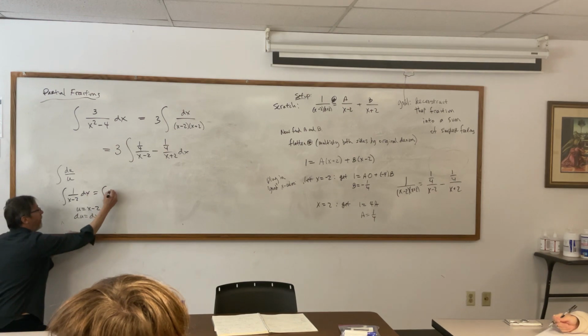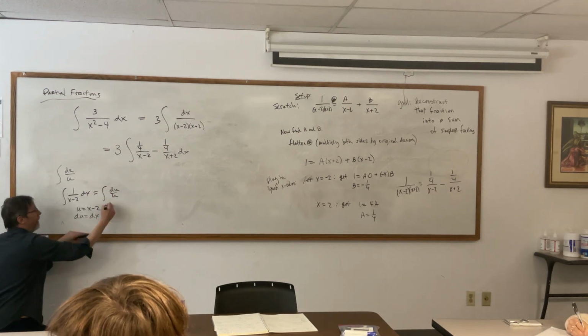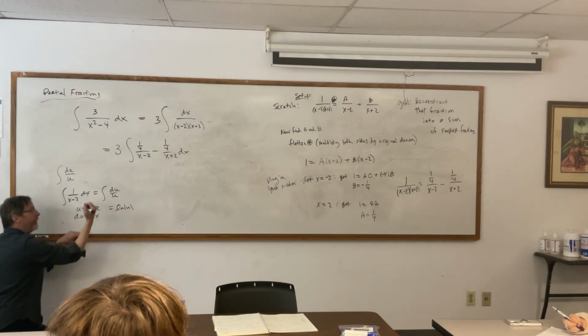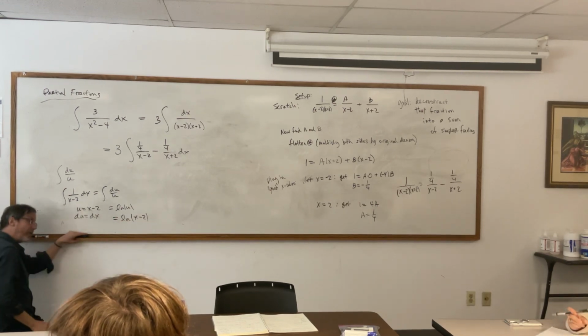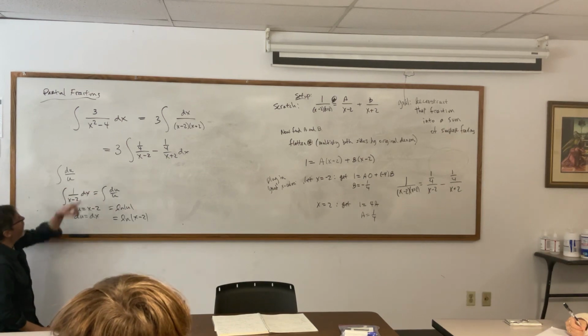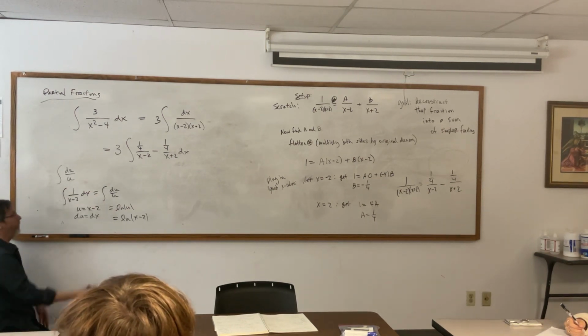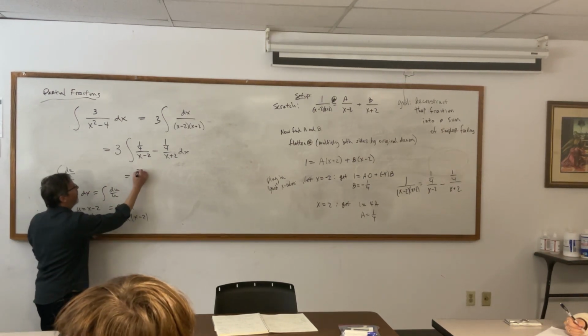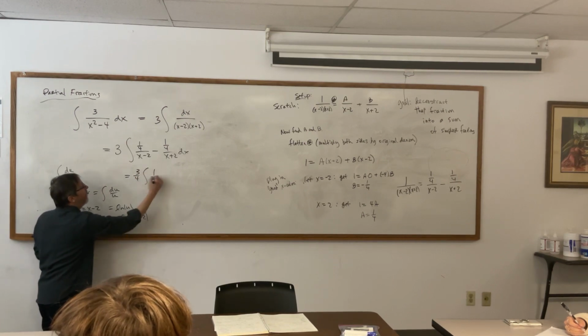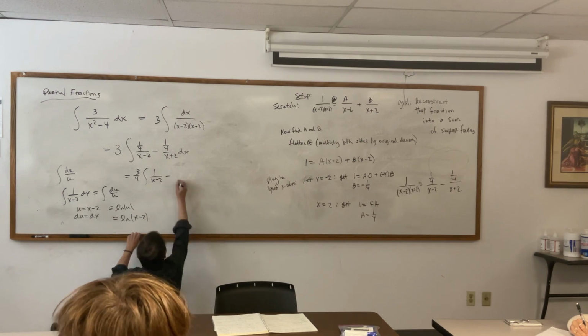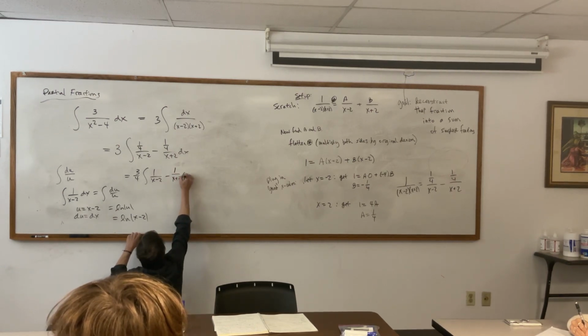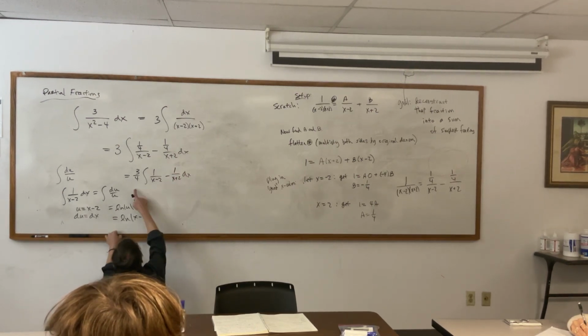This literally just becomes this, and that becomes this, and that returns to this. And the 1/4 are out in front. You can pull the whole 3/4 out in front if you like. That makes things easy.